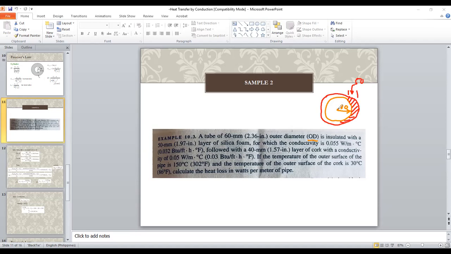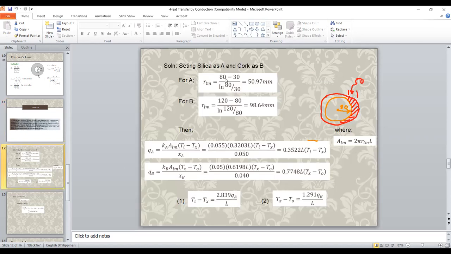So the radius of the pipe plus the thickness of the silica, that would be the 80, divided by the inner radius, which is 30. So that explains why you see an 80 and 30 value here for the log mean radius for the silica only, the first layer. Okay, you have 80 and 30.